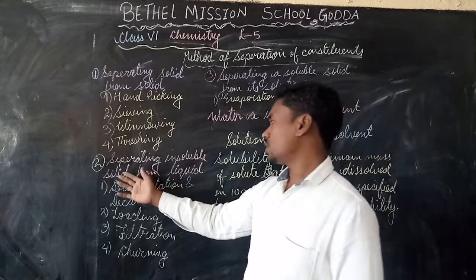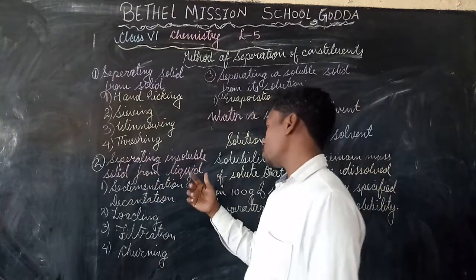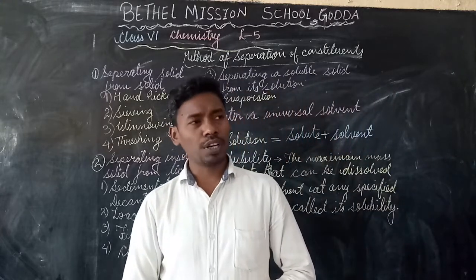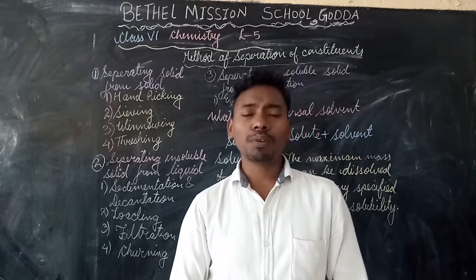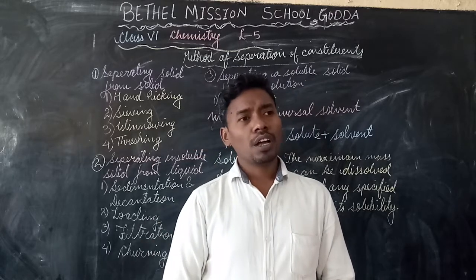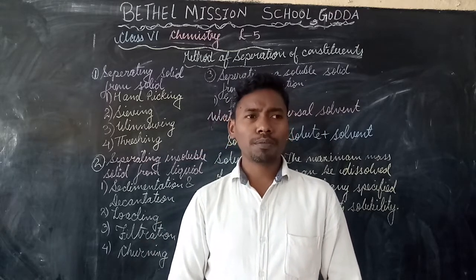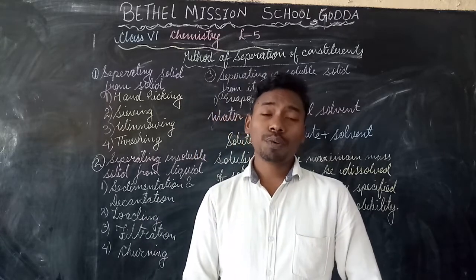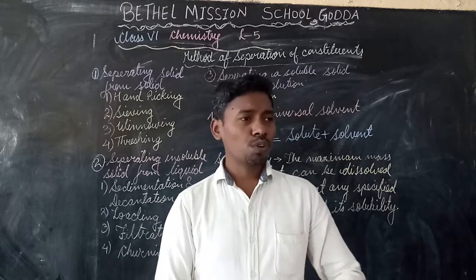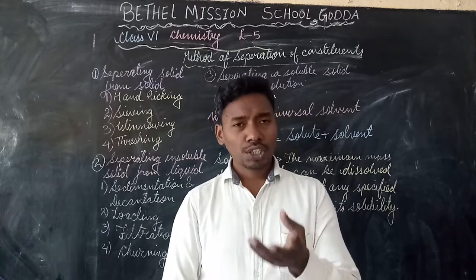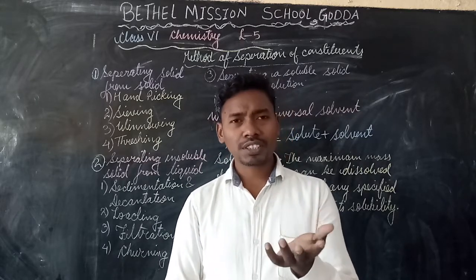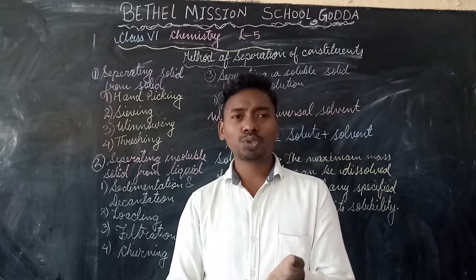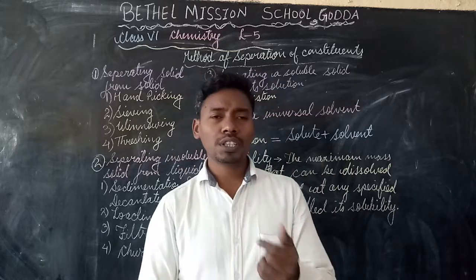And now the second process is separating an insoluble solid from a liquid. So if the mixture is of a solid and a liquid, and if the solid is insoluble, sometimes we need to separate them. For instance, you might have made tea, or if not made tea, you might have seen your mother making tea. So what she does, she uses something like a sieve, a filtering device, to separate the tea leaves from the tea.